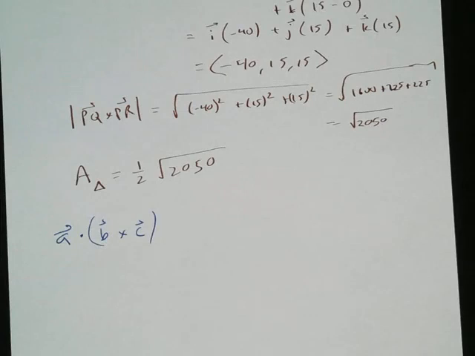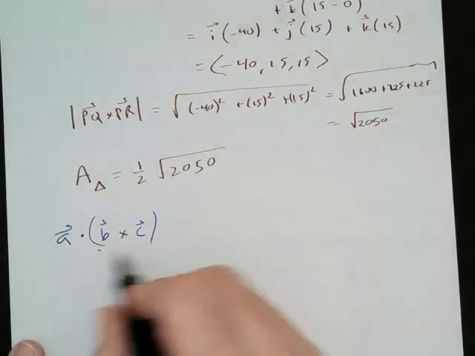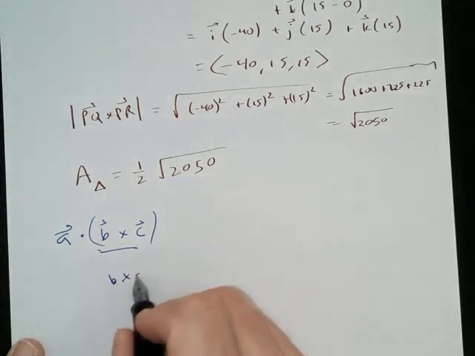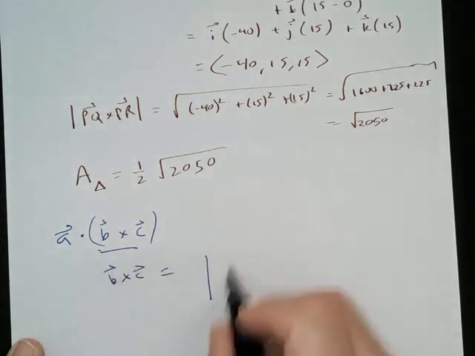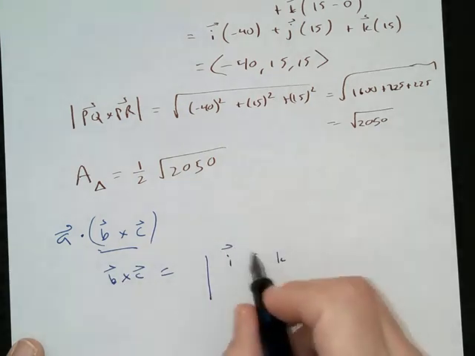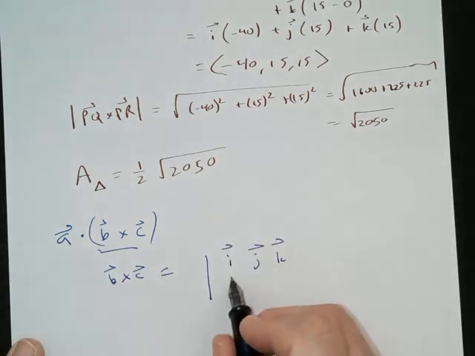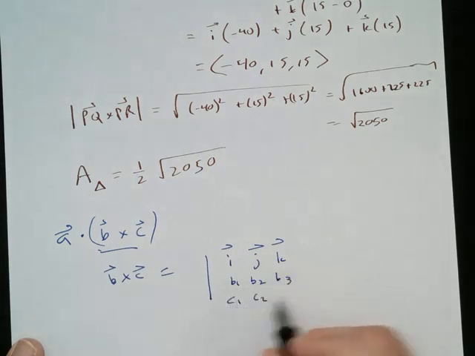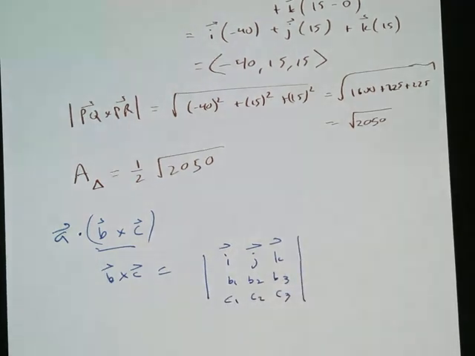Okay, wait a second. Let me see if I get this. This is going to do that, right? That's our B cross C setup in a matrix.